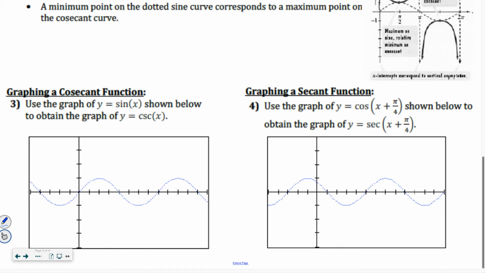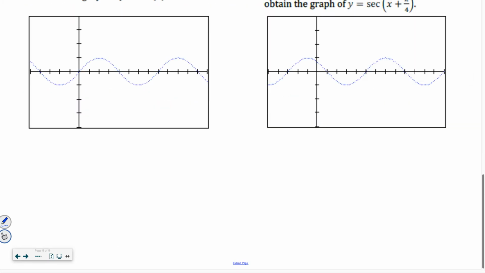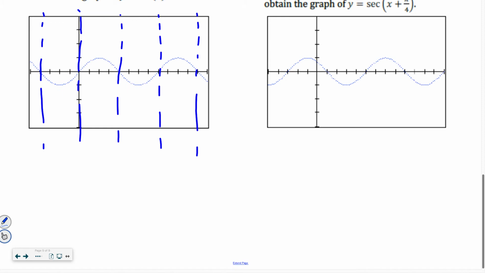So it blows up whenever sine of x is equal to 0. Looking at this graph, it's going to blow up there, there, there. Does everyone agree with me on that? Everywhere the sine function is equal to 0, we're going to have 1 over 0, so it blows up.